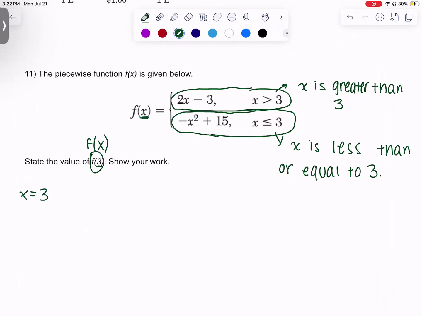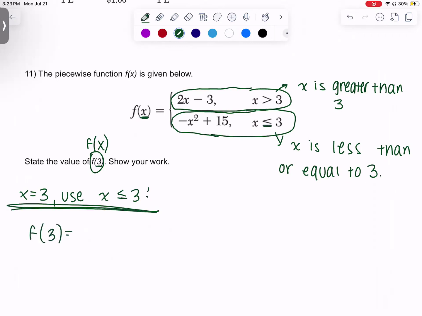When x is 3, that means x equals 3. We have to use the second piece, the piece where x equals 3. The first piece does not equal 3. Only the second piece will give you the correct output of 3. You have to use the second piece.